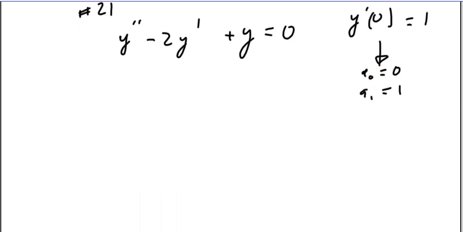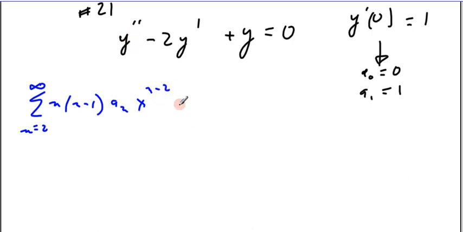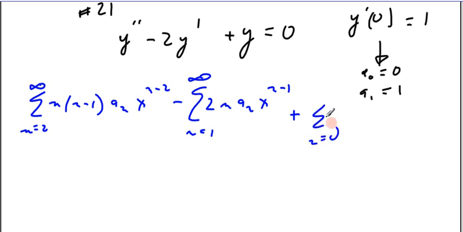We have summation n equals 2 to infinity n(n minus 1) a_n x^(n-2), that's y double prime, minus, and we'll bring the 2 in, 2n a_n x^(n-1), n equals 1 to infinity, plus summation n equals 0 to infinity a_n x^n is supposed to be 0.